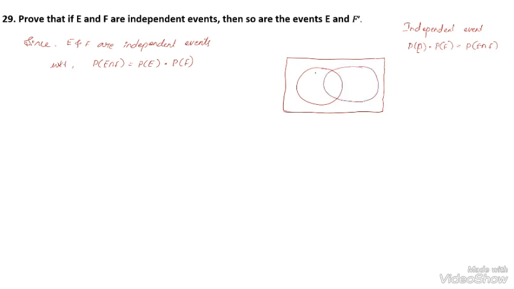This one is the event E, and here this is the event E intersection F, where E and F have a common region, which is the probability of the intersection. From the diagram, we can simply write probability of E. The event E can be written as E intersection F dash.